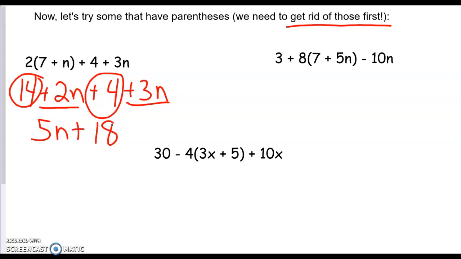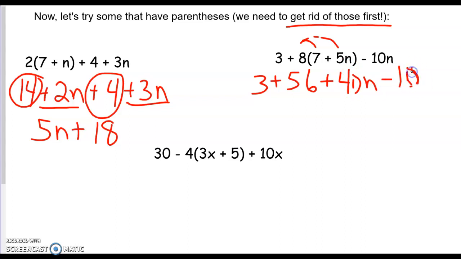All right, let's do the next one. Let's get rid of these parentheses. All right, so I'm going to bring down 3 plus, now 8 times 7 is 56, and 8 times 5n is 40n, and then bring down my minus 10n. Okay? All right. Let's do our variables first. And I'm sorry, my stylus is giving me problems.